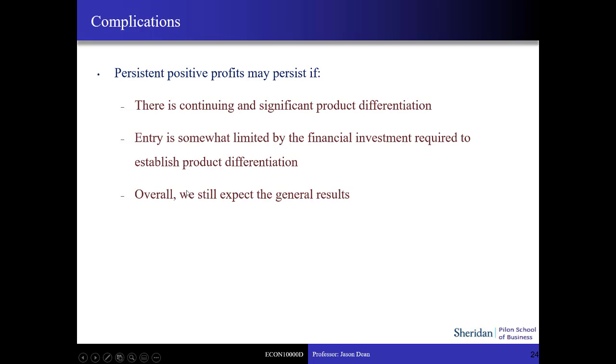And it's possible that entry could be somewhat limited by the financial investment required to establish product differentiation. In other words, the amount of advertising required. So there might be somewhat of a barrier to entry here, not as strong as we'll see for oligopolies, but there could be some significant expenses that new firms would have to endure in terms of advertisement. But still, overall, we're going to get the same efficiency results.